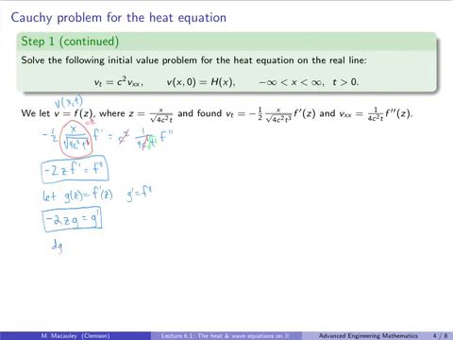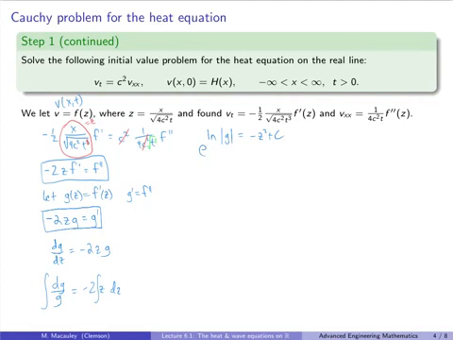So dg dz is negative 2zg. We move all the g's to the left side, we get dg over g is negative 2z dz. We integrate both sides. And then the left-hand side is the natural log of g, and the right-hand side is negative z squared plus c.